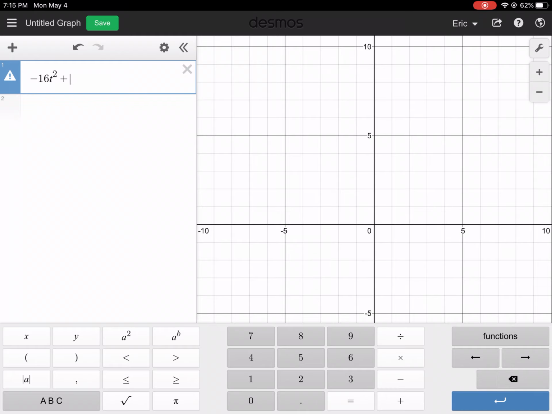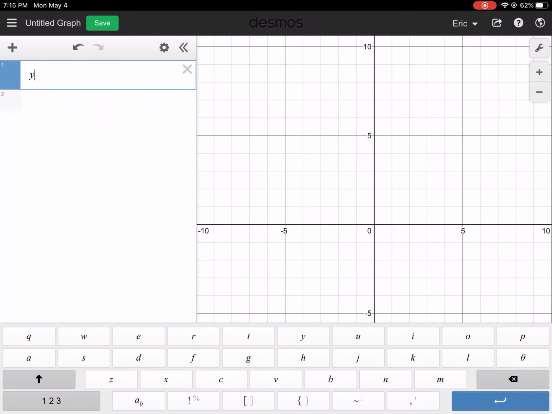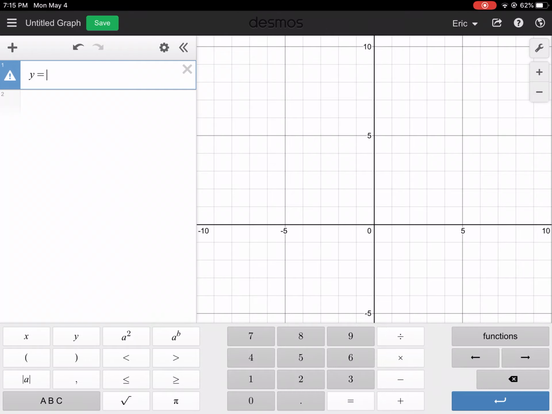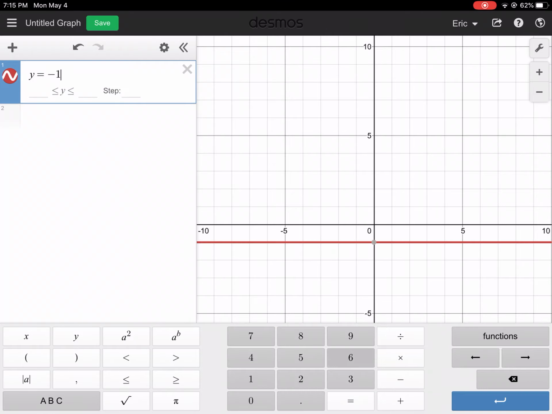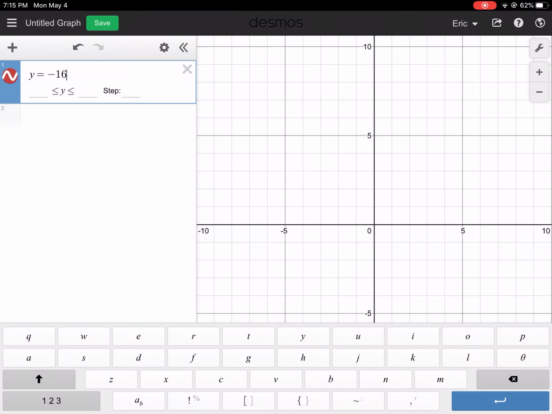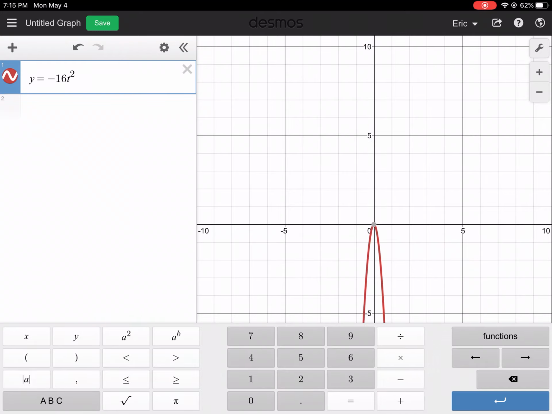You're actually going to have to break that up into y equals negative 16t squared plus 20.